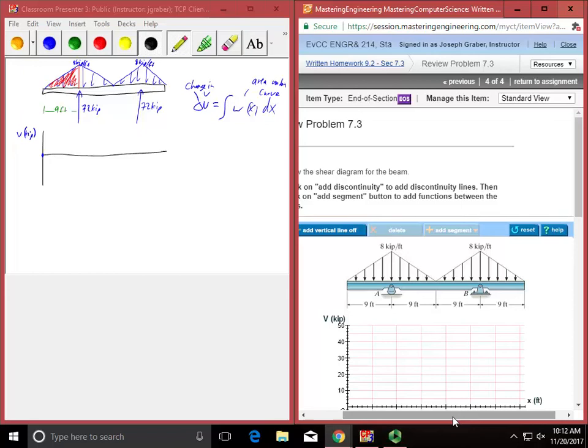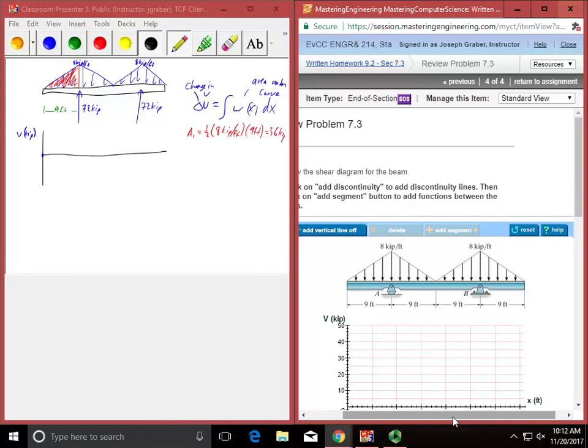And what is that, like 28? So I'm just going to call this red area 1 equals 1/2 times 8 kip per foot times 9 feet is going to be equal to 36. So I was way off.